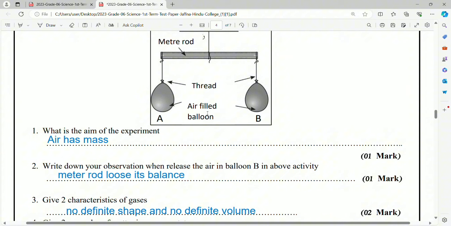When we remove air from balloon B, the meter rule loses its balance, balloon B goes up and balloon A comes down. This is the observation.